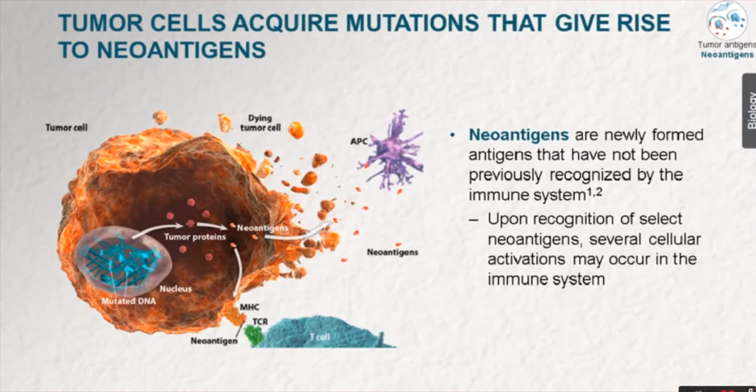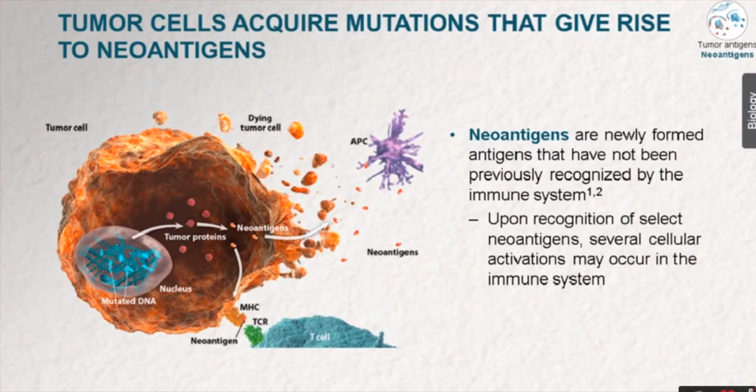Now, we know that tumors or cancers are often driven by alterations in the DNA, in mutations in the DNA, and that these mutations may give rise to tumor-specific proteins that are so-called neoantigens that can be liberated from a cell when a cell dies or shed from a cell in other ways.